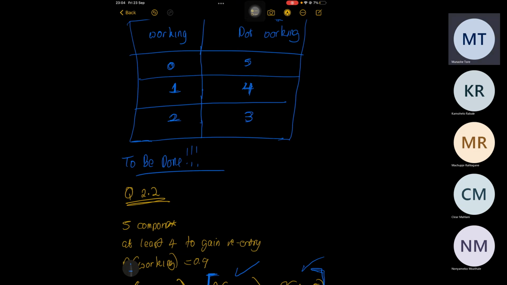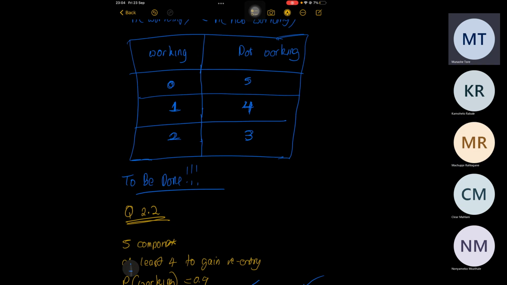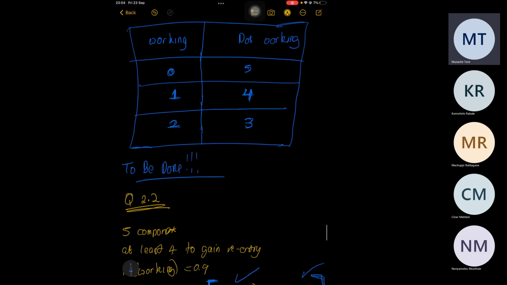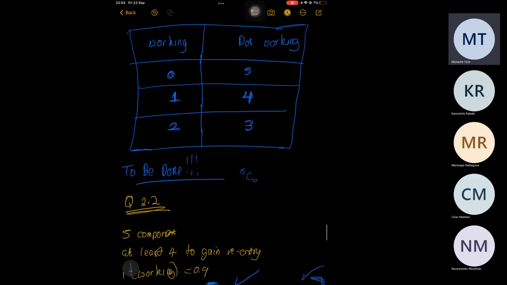So you definitely choose, as we did here. Let's assume for the first one, you have a sample space of 5. So it's going to be 5 choose 0 for the ones that are working, times the probability of working. Then for the ones that are not working within the same row, we have 5, isn't it?